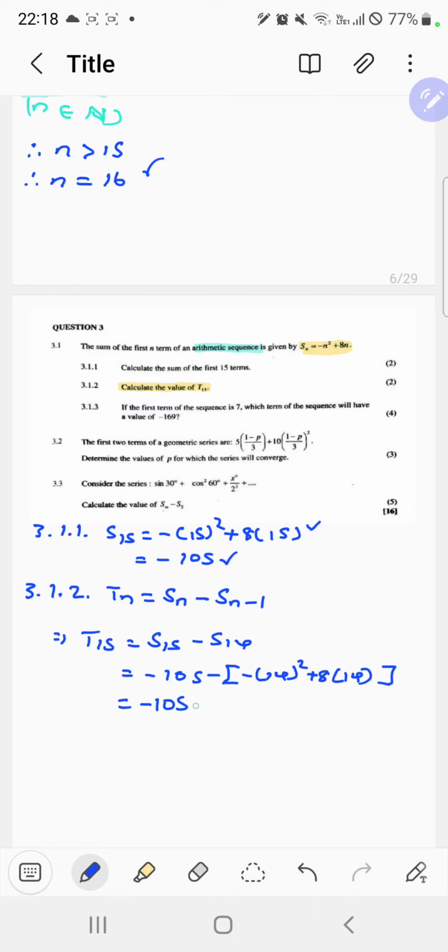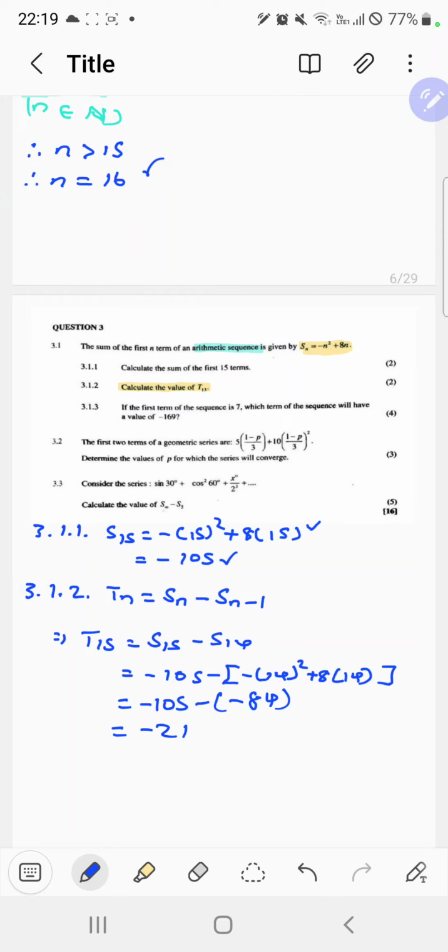Minus 105 minus, and then this is minus 14 squared plus 8 into 14. So I'm getting a minus 84. So you can already see here that when it's multiplied by a negative, it becomes a plus 84. So it's minus 105 plus 84. Is that true? So it says minus 21.